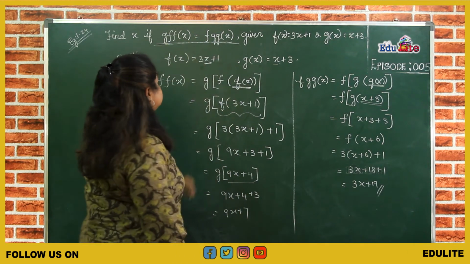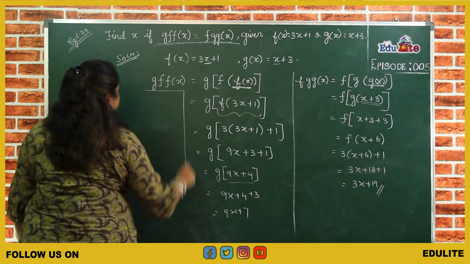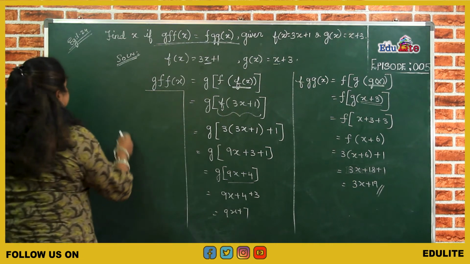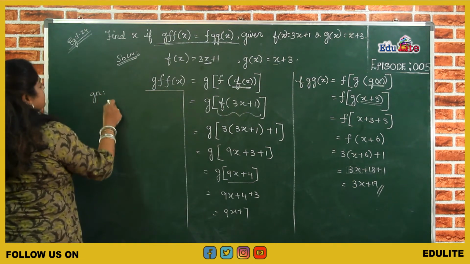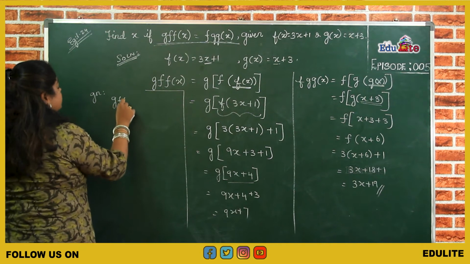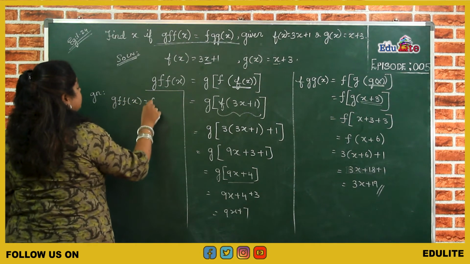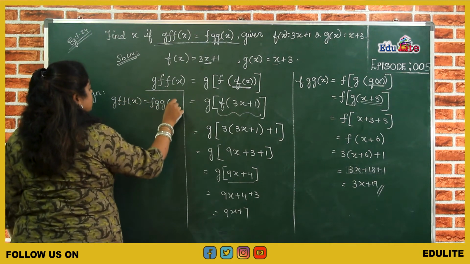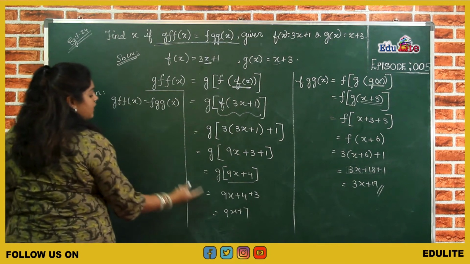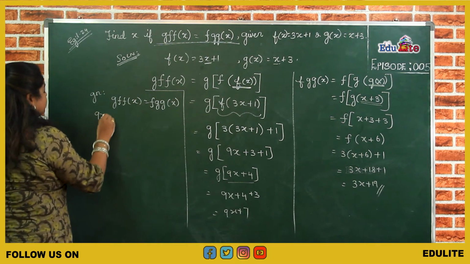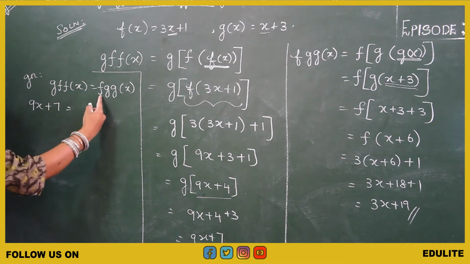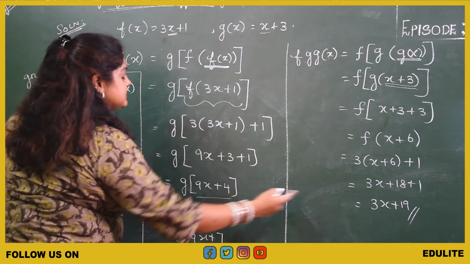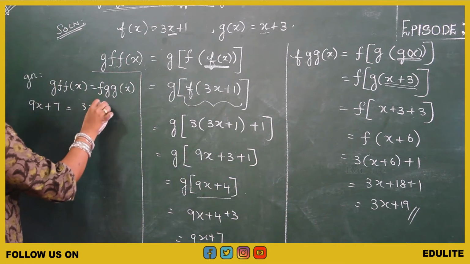Thus, we have found out both the values. We will substitute in this relation and we will simplify. We will get the value of x. So, given is g f of x is equal to f g of x. So, g f of x we got as 9x plus 7 and f g of x we got as 3x plus 19.